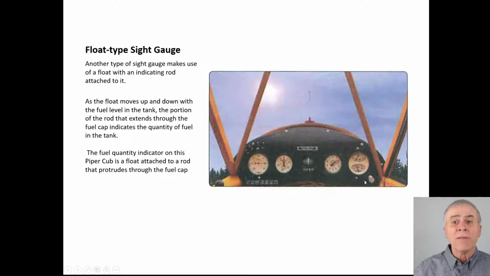Is there a propeller on this, or maybe propellers, and maybe it's a twin engine with propellers on both wings, with a fuel tank in the nose, with a little floating sight gauge that floats up and down depending on how much fuel is in the tank. This one's on a Piper Cub. If you want to look into that a little closer. Interesting.